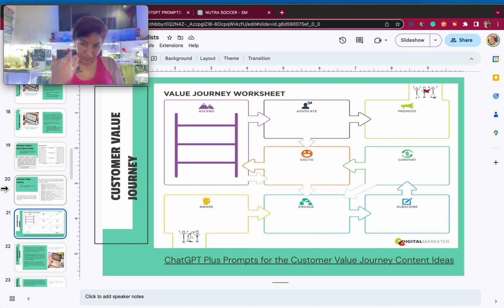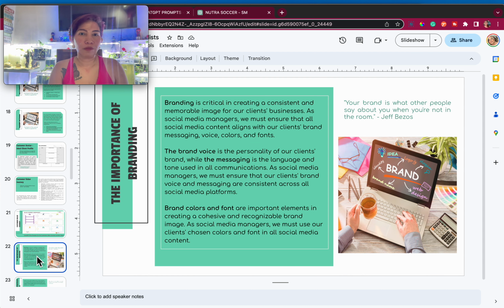We want them to be repeat customers. We want them to advocate for the business and to promote it to their family and friends. And that's the only time you can say that the social media marketing you're doing for the client is successful. Again, when you've moved the customer through all these stages up until they're promoting the client's business, that's the only time your social media marketing is successful.